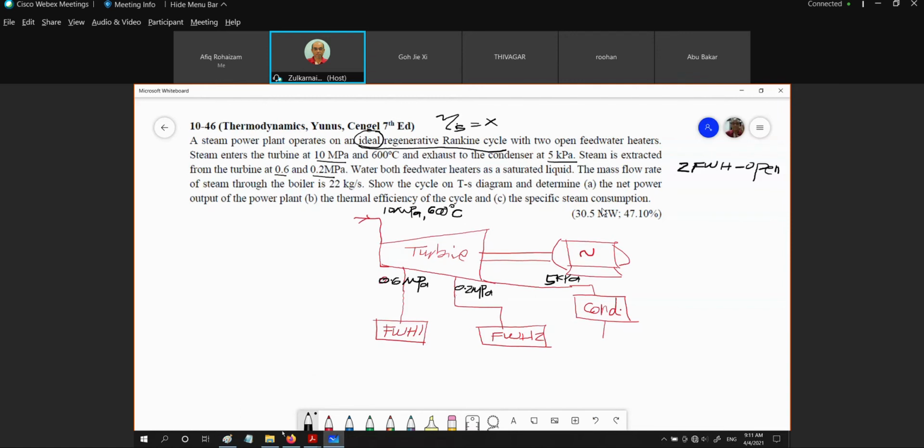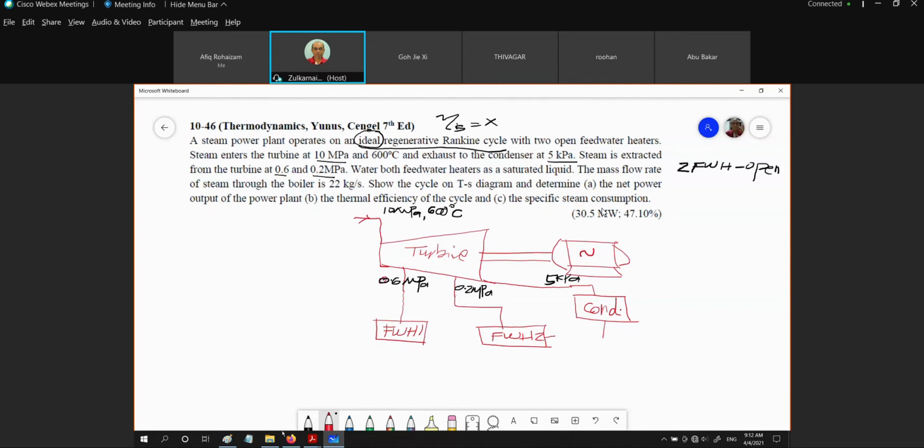Remember, I explained just now, the feed water heater will operate at one pressure, the same pressure. The steam extracted going into the feed water heater and the mixing will happen at the same pressure. Meaning what is entering the feed water heater is at 0.2.